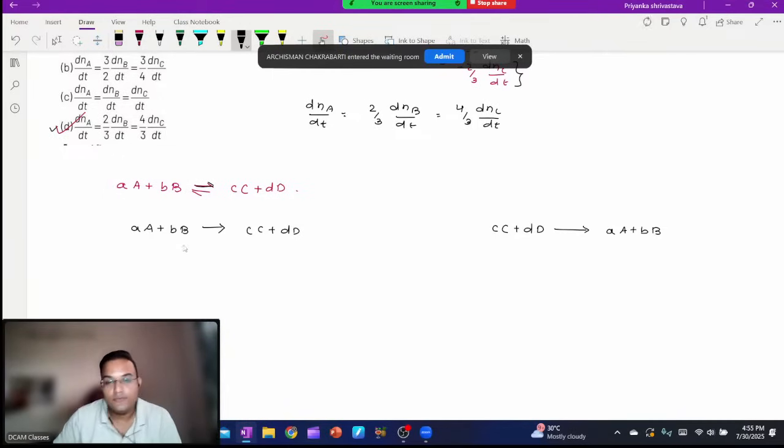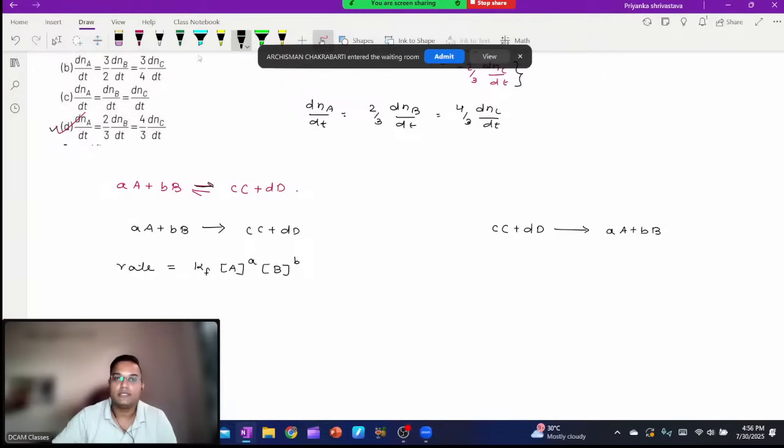Now, if a reaction is given to us in this way, how do we calculate this rate? This rate equation you will later learn in your class 12 chemical kinetics. The equation is written like this: rate is equal to K forward reaction into concentration of A raised to power a into concentration of B raised to power b.